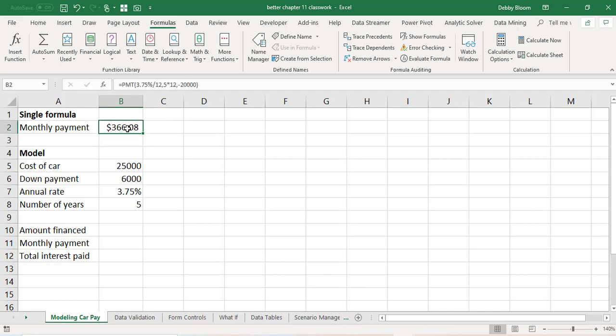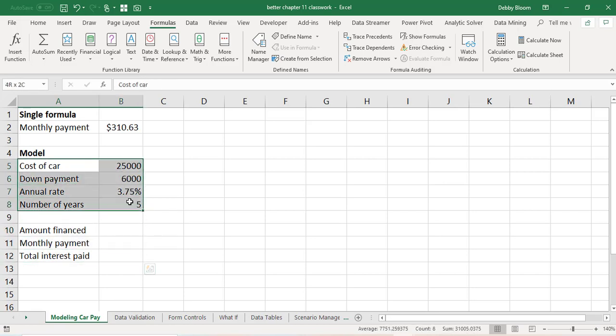If somebody else said, let's see what it is with 6 years instead of 5 years, I'd have to double click the cell, go in and edit the formula, so it makes it very difficult to track what you're doing. So instead, what I'm going to do is I'm going to put in an input area, and I'm going to put an output area.